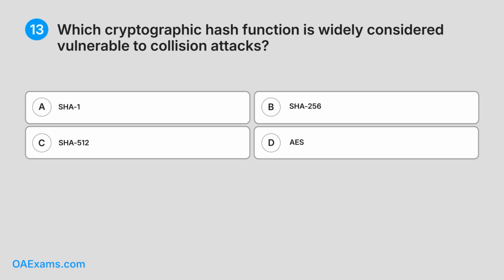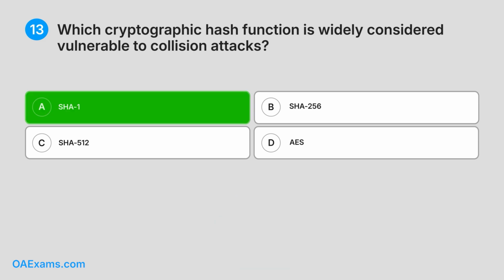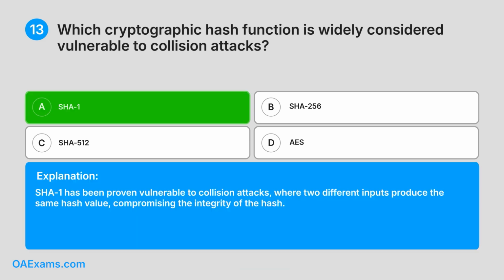C. SHA-512. D. AES. What do you think is the answer? Correct answer: A. SHA-1. Explanation: SHA-1 has been proven vulnerable to collision attacks, where two different inputs produce the same hash value, compromising the integrity of the hash.